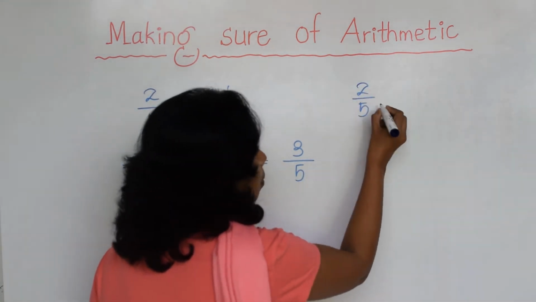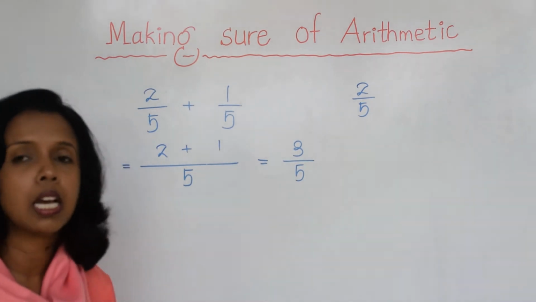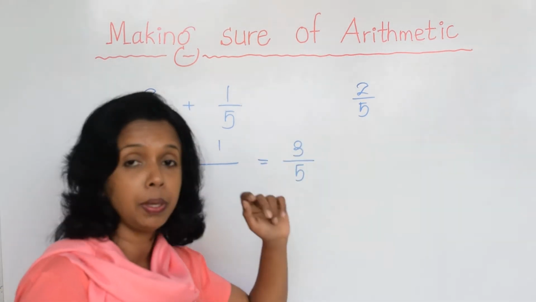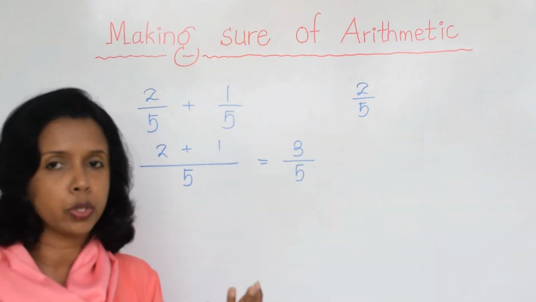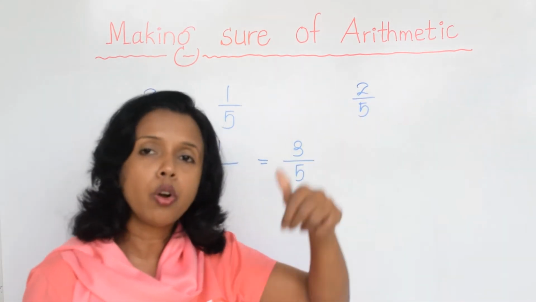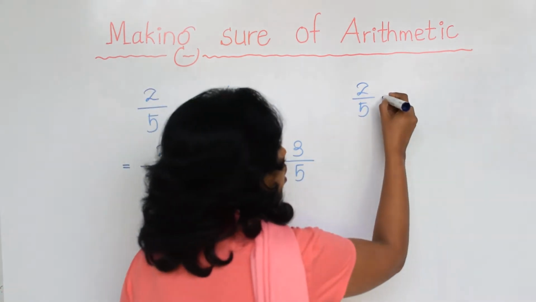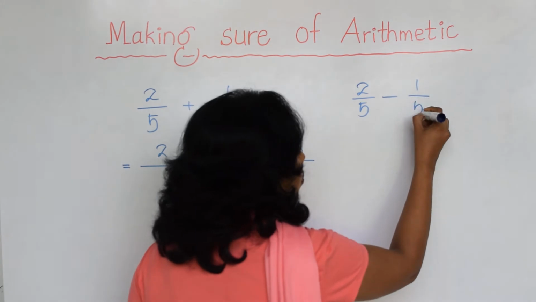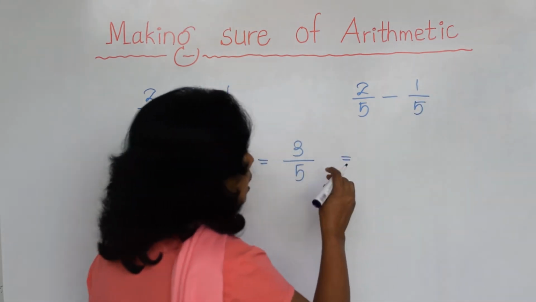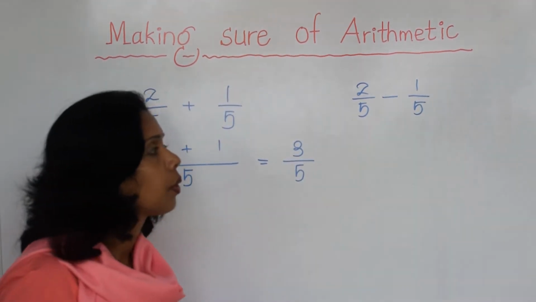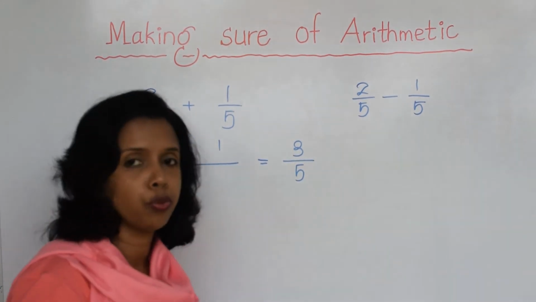So do you agree with me? We had 5 pieces, out of which both of us had 3 pieces. Now what is the portion we have? Only 2 pieces, out of which my mother is going to serve 1 piece. Now what is the amount remaining for her? How can you find it?